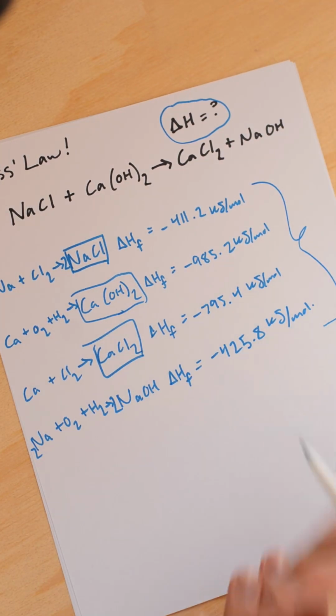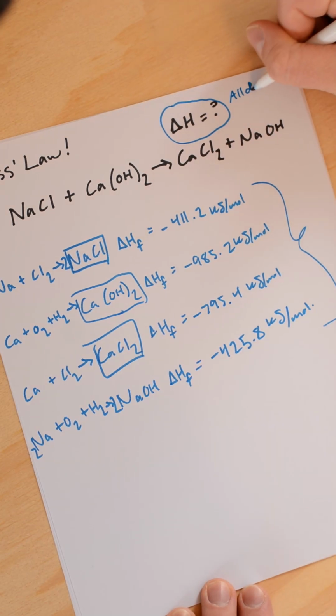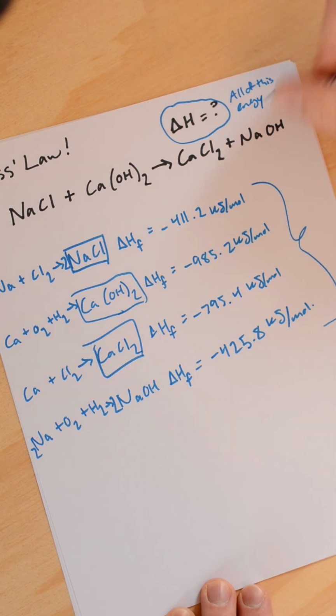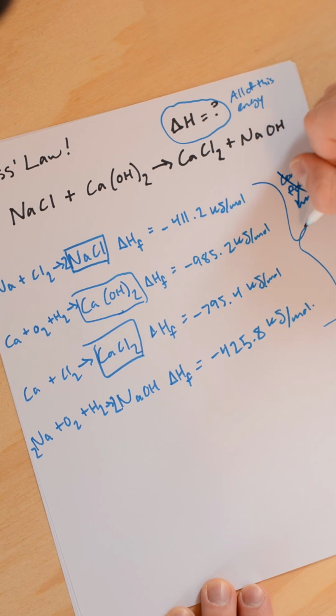Because again, returning to our idea of thermodynamics, all of this energy comes from somewhere. And it comes from here. Maybe a better way of saying it is it's accounted for. It's all accounted for here.